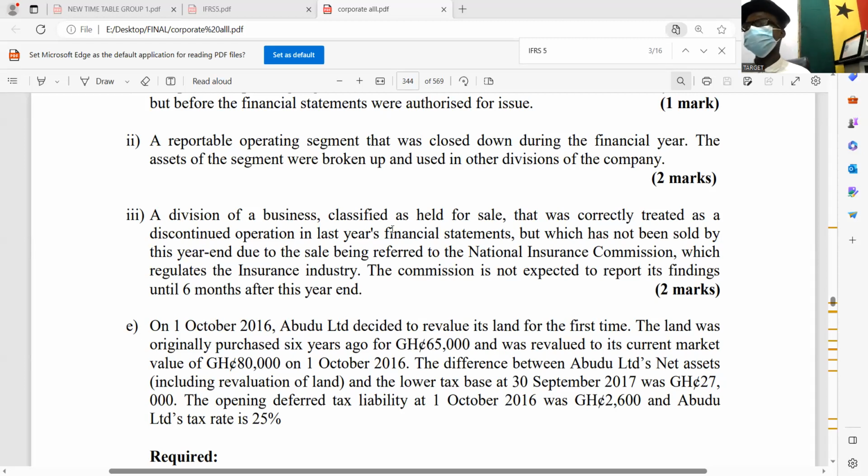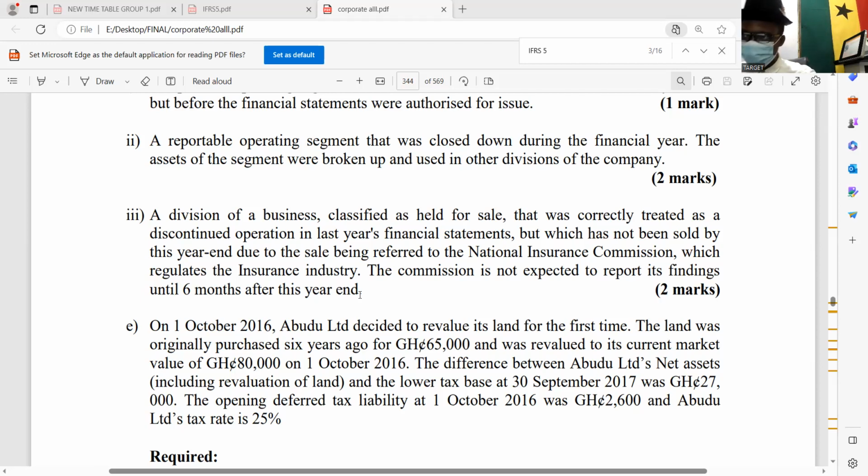Just that, if the condition is within management control. But here the condition for the asset not being sold goes beyond the entity's control, because the regulations stated that they have to refer to the National Insurance Commission before they sell the assets.